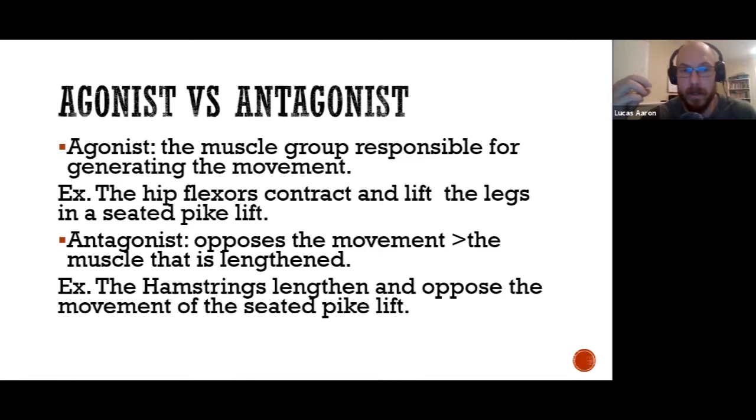I like to think about that too, shortening and lengthening, when separating the two and thinking about movements in general, specifically flexibility: what's shortening, what's lengthening here. And then you can really break down further how you're going to create some systemization around the exercise or the stretch.